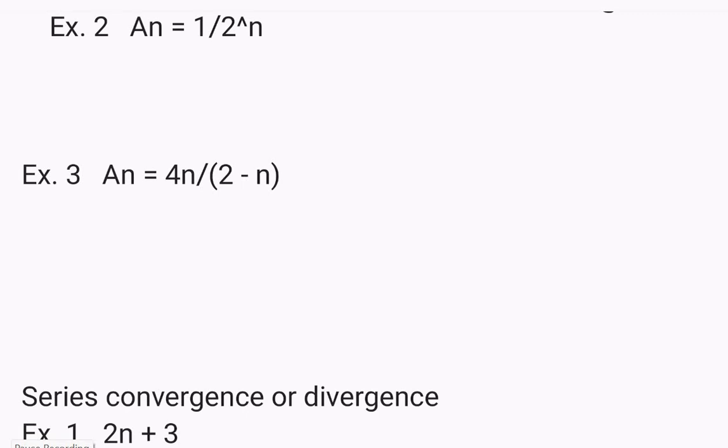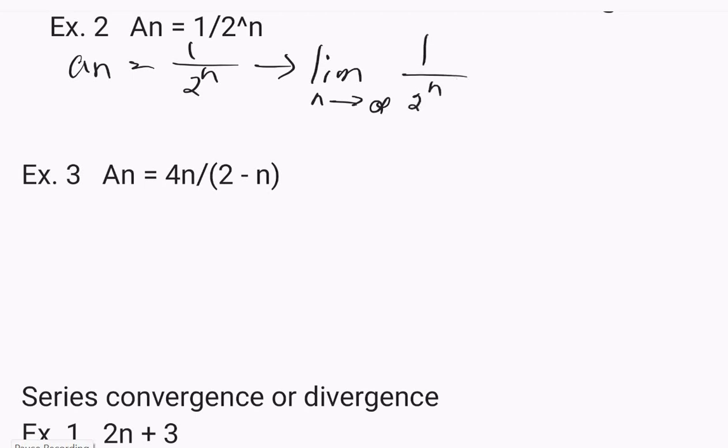The next one, we have a sub n equals 1 over 2 to the n. The limit of a sub n as n approaches infinity equals 1 over infinity, a constant divided by a very, very large number, which equals 0.